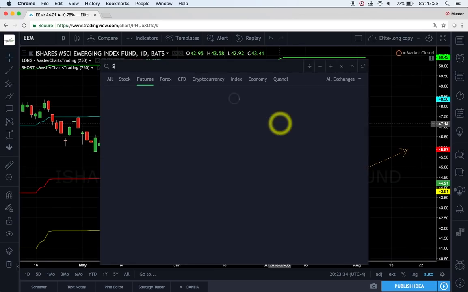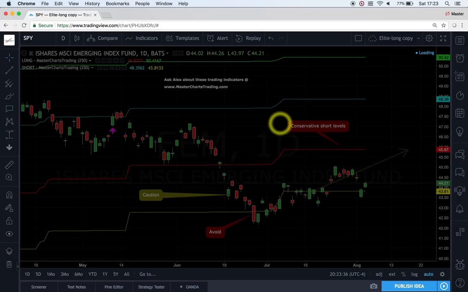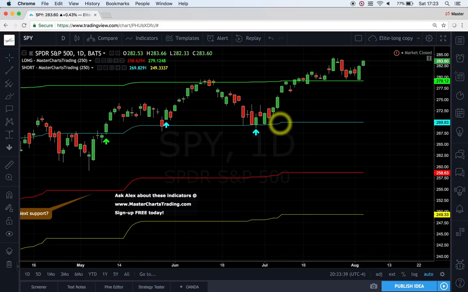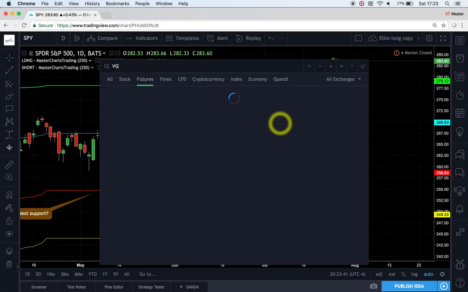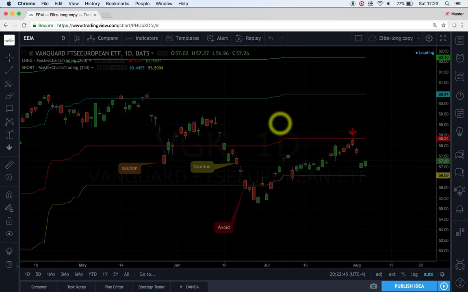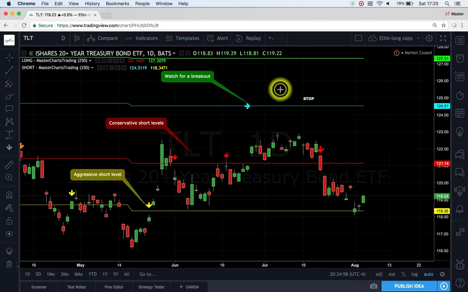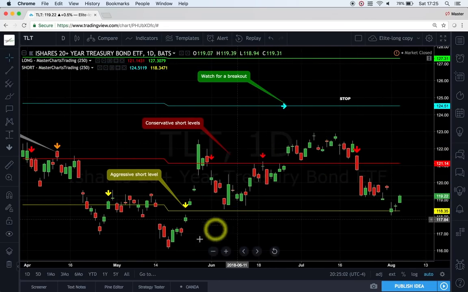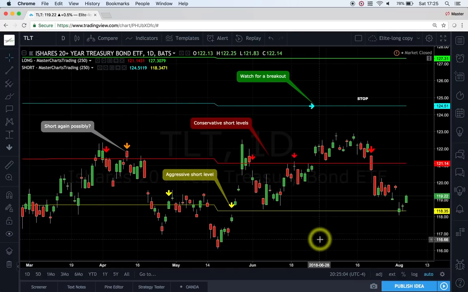Alright, so overall stocks are bullish, but I would still continue avoiding Europe and emerging markets. So let's continue to bonds. Here are the treasuries, 20+ year treasuries. Generally speaking, this is the most important chart from the bonds universe.